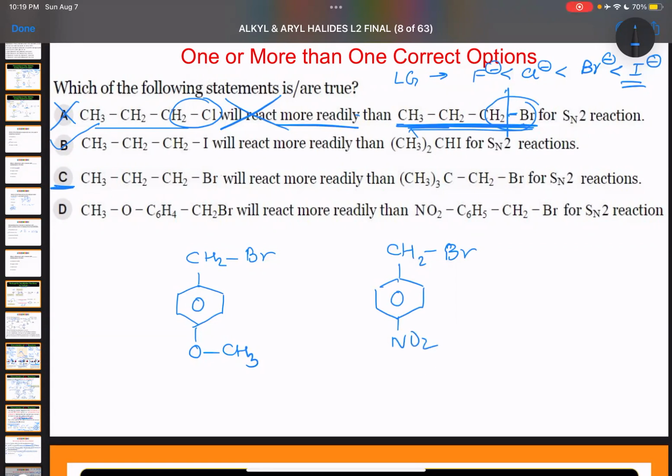So they look very similar. Someone may think that there is a difference of groups on both of them, but those groups which are different are very far from the site of reaction. SN2 is happening at this point.